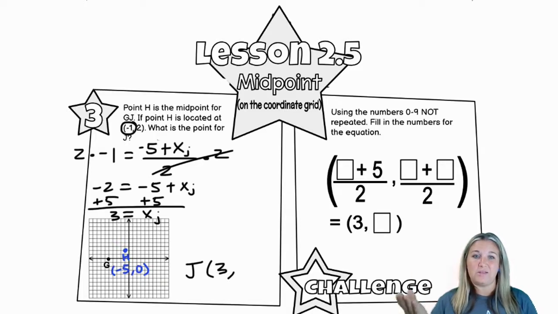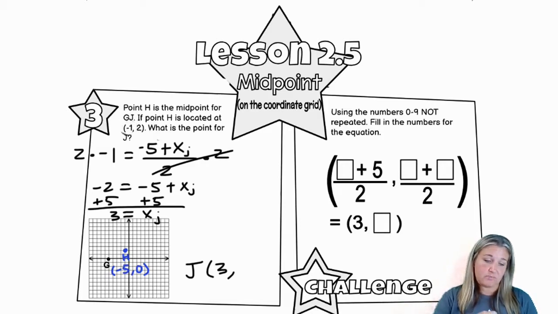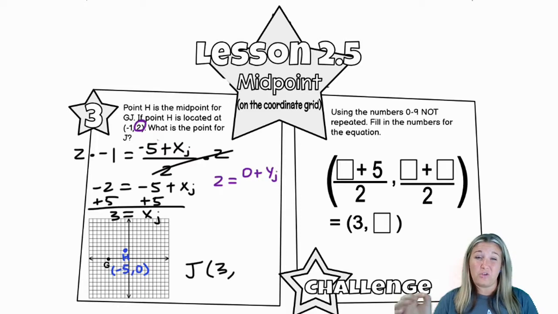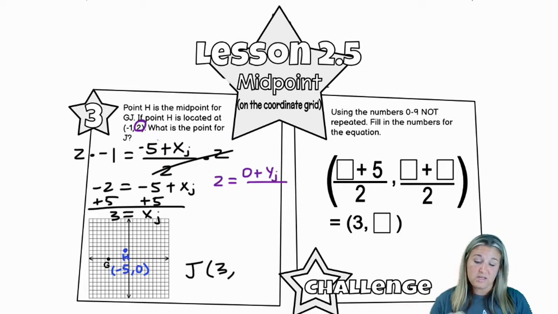Now I need to find the y value. So I'm going to do the exact same thing, but I'm going to use the y coordinates this time. I know that the midpoint y value is 2. And that's going to be equal to G's y value, which is 0. That's really nice to use 0. Plus y sub j, the y coordinate for J, divided by 2. Remember, anytime I'm dividing, I can multiply to get rid of it.